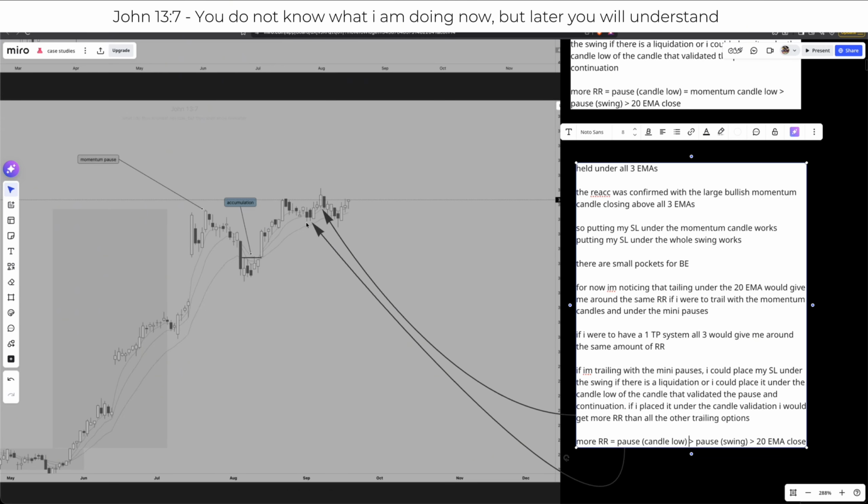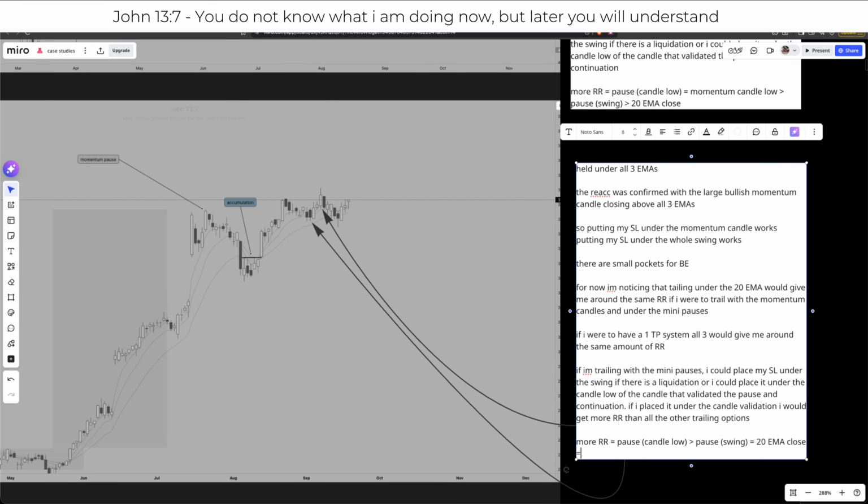The pause swing, which would be equal to the 20 EMA close, which would be equal to the momentum candle.